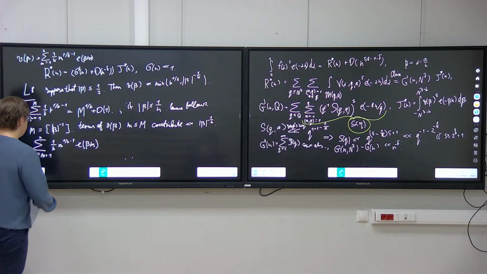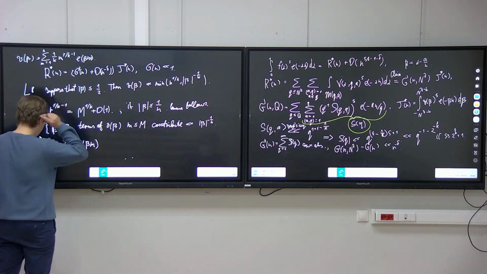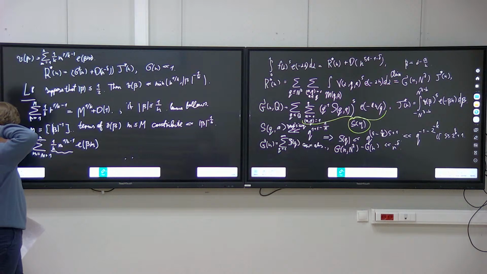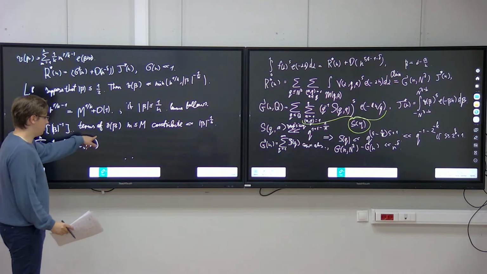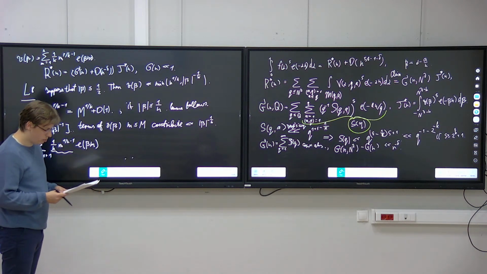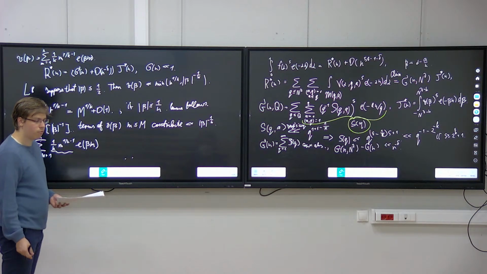So here this is a monotonic sequence, monotonically decreasing. And the partial sums of this sequence are bounded by 1 over beta.